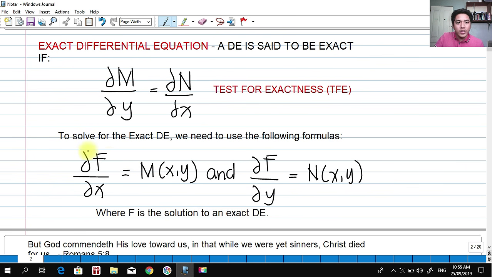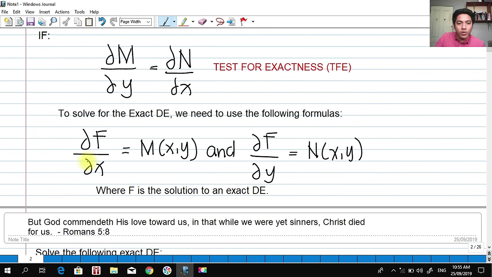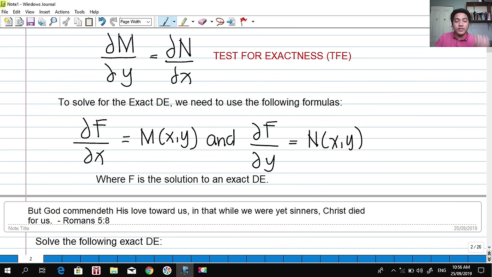So in other words, if we are solving an exact DE, we need to first test for its exactness. After we prove that this is an exact DE, we're going to use this formula to solve it.